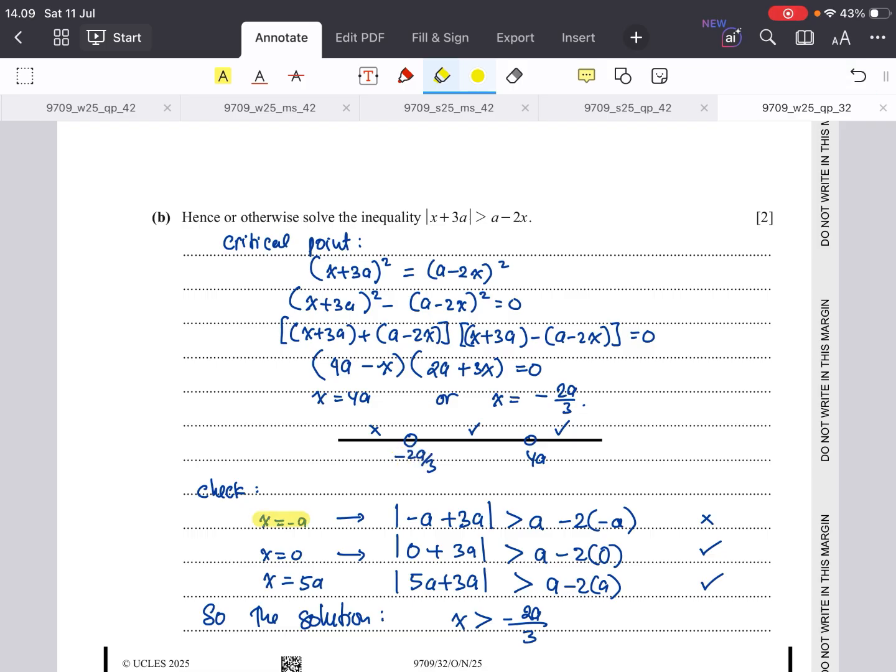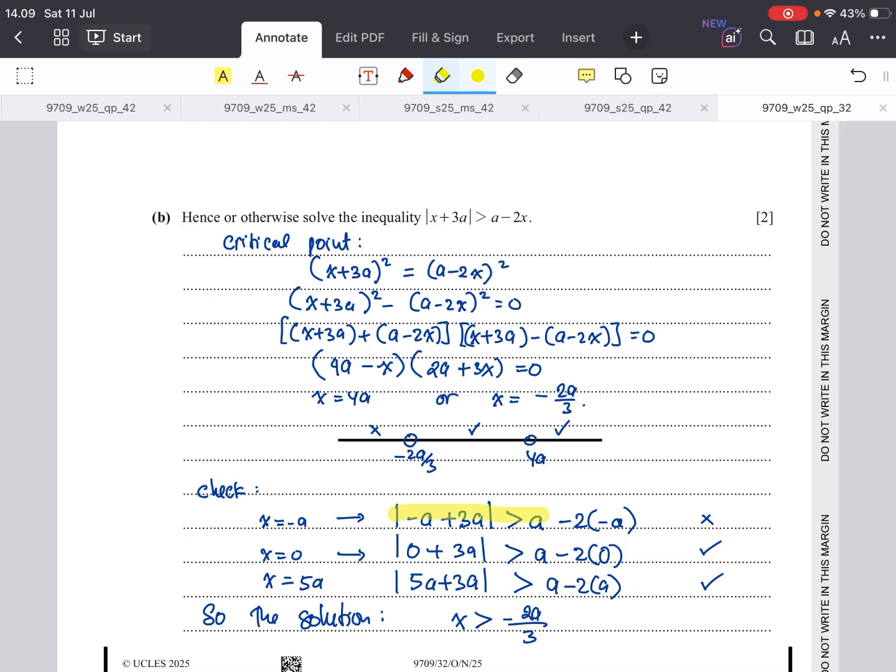Okay, let's check one value of x that is less than negative 2a over 3. So let's use x equals negative a, because x equals negative a is in that region, and then substitute x equals negative a in this inequality.